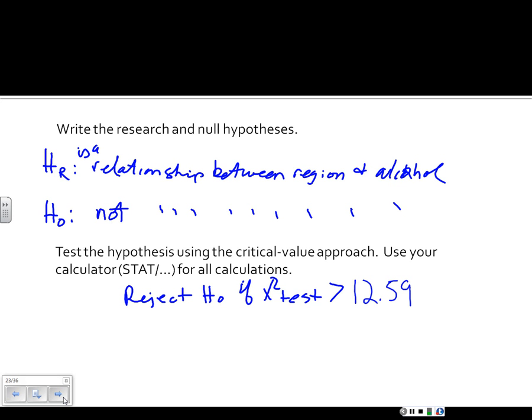So just hit second and matrix, then arrow over to edit and hit enter. And then tell it that you have a 4 by 3 matrix, 4 rows by 3 columns. And then when you have that matrix there, just put in the numbers that are on the table, 21, 45, 80, and so on.